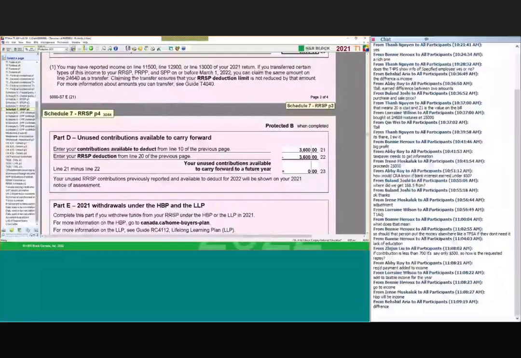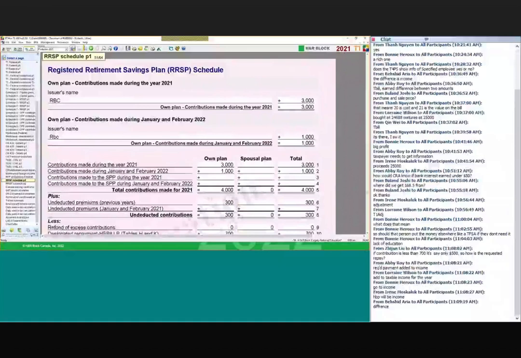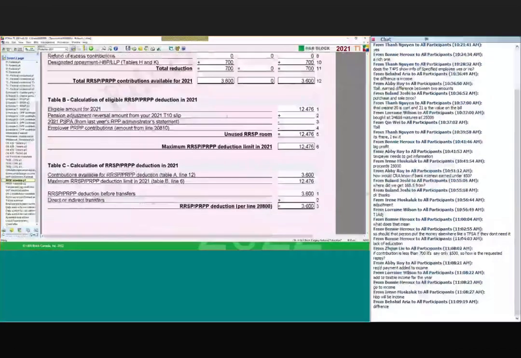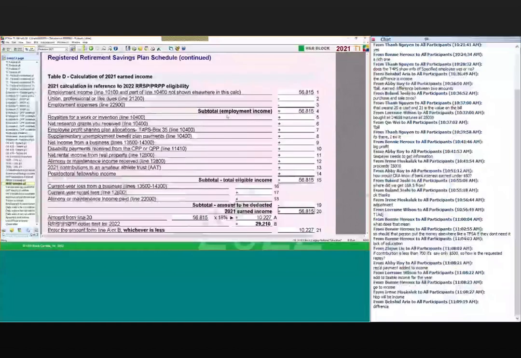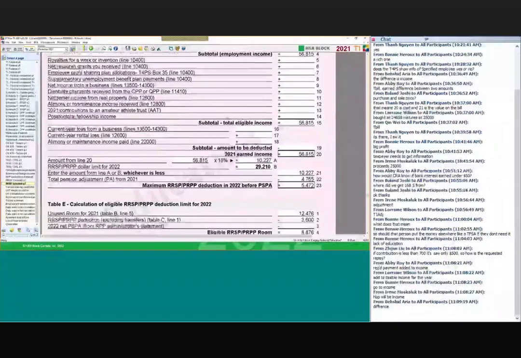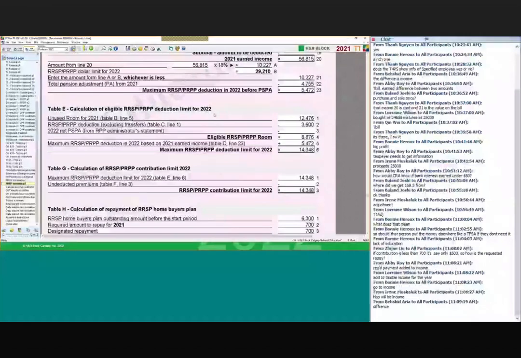We're also going to go to another schedule, RSP Schedule 1 and 2, and this is how the TPS calculates the RSP room after this year, because she has more room being created. So it actually has a calculation of the RSP contribution limit for 2022.